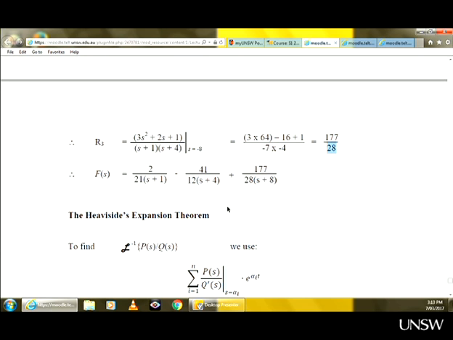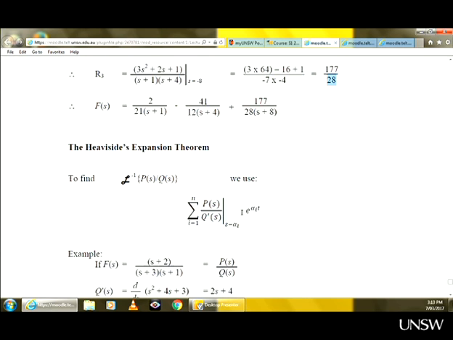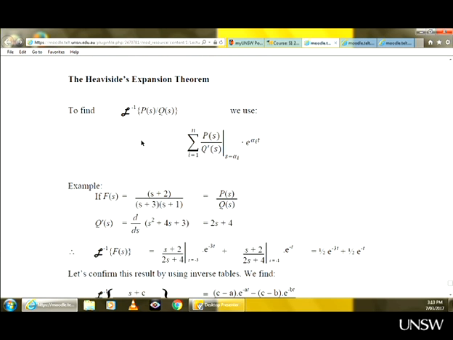Now, Heaviside expansion, again, is about finding an inverse Laplace transform of a function given as a ratio of two polynomials, P(s) and Q(s). Here, first of all, the same limitation applies: the roots of Q(s) have to be real and unrepeated. If that's the case, what you do is differentiate Q(s) with respect to s and keep the numerator P as it is.